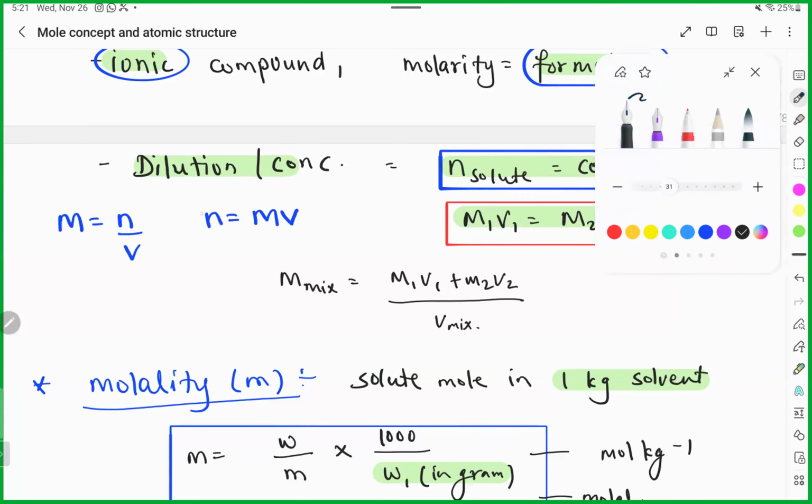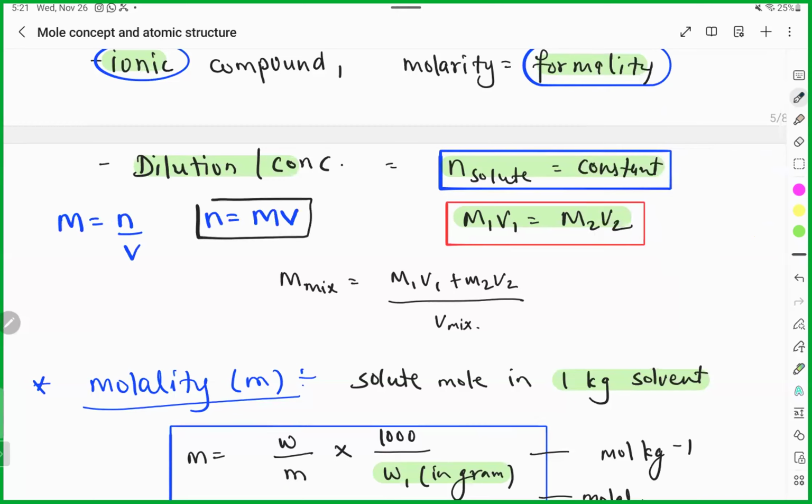And the number of moles is fixed if you dilute or concentrate. That's why we use M1 V1 is equal to M2 V2. Were you 100% sure, because the number of moles is constant if you dilute or concentrate? Because the amount will remain the same.